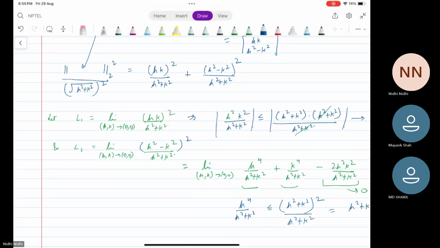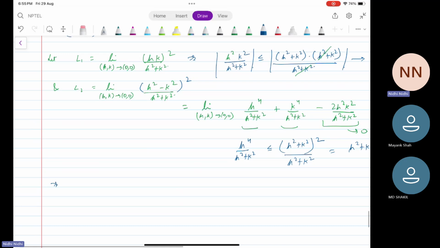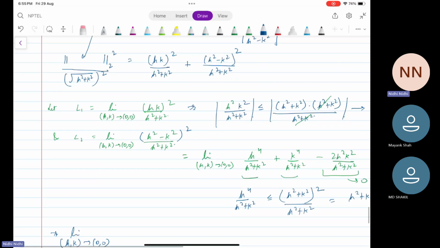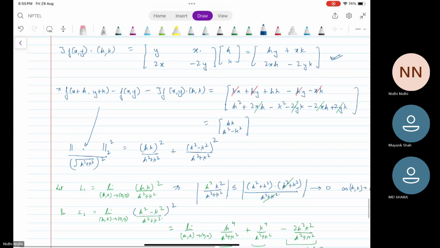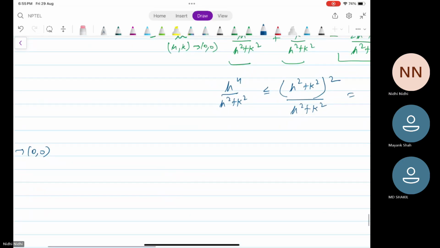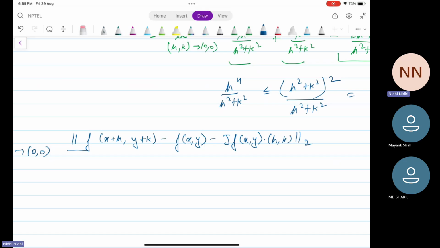That means the limit as h comma k goes to 0 comma 0 of the norm of f x plus h, y plus k minus fxy minus Jfxy times hk, over the L2 norm of hk, goes to 0.